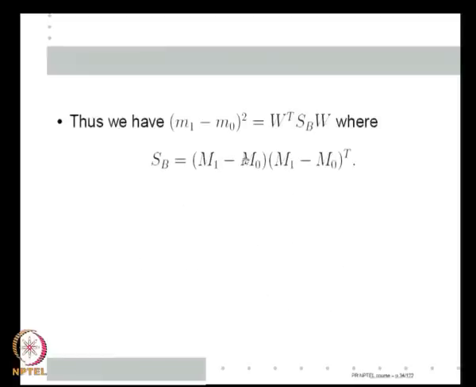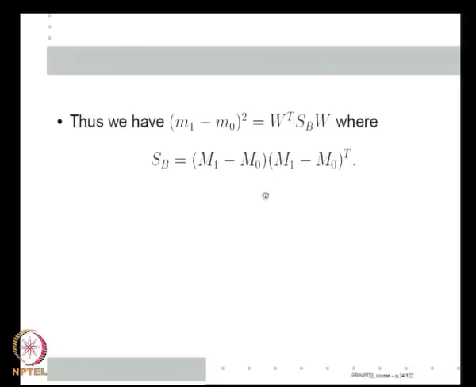So, I can write (m1 minus m0) whole square as W transpose SB W, where SB is (M1 minus M0)(M1 minus M0) transpose. As I said, this is a D by 1 vector, this is a 1 by D vector, so this is a D by D matrix. Given any vector x, x x transpose is called an outer product, and an outer product is always a symmetric matrix.